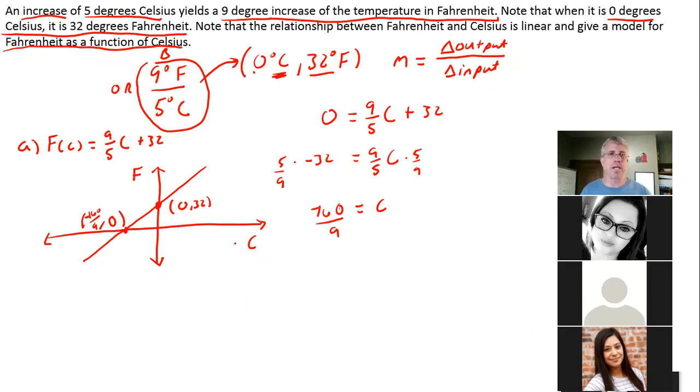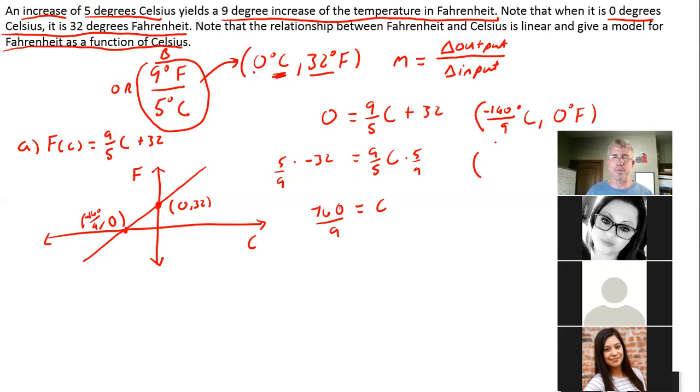So in the homework, what it asks you to do is write the intercepts, including units, and then interpret it. Why do you think I ask you to write the intercepts including units? So 160 over 9, but what are the units on that? Degrees Celsius. And then the 0 is actually 0 degrees Fahrenheit.